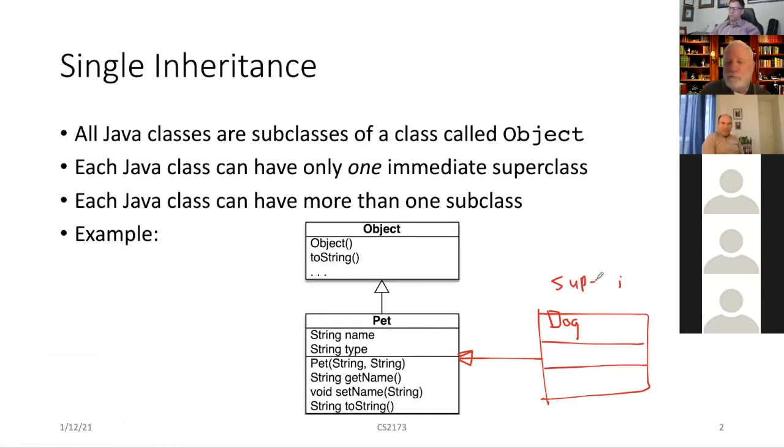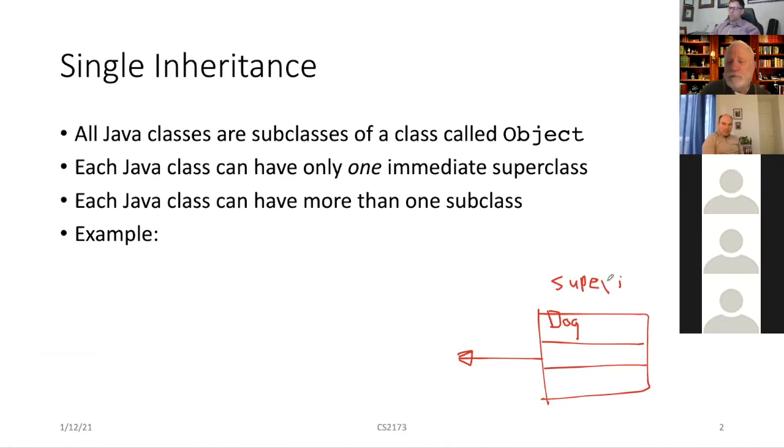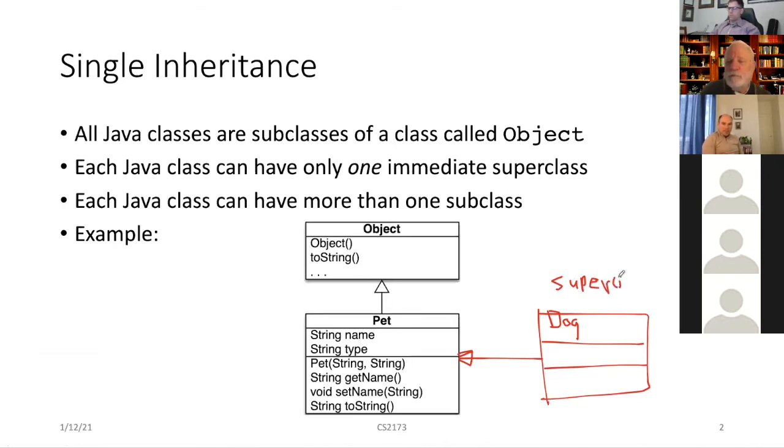Super. Okay, so what does a call to super do? It calls the constructor of the superclass, pet. But now I'm calling a constructor with no arguments, but it requires two arguments.